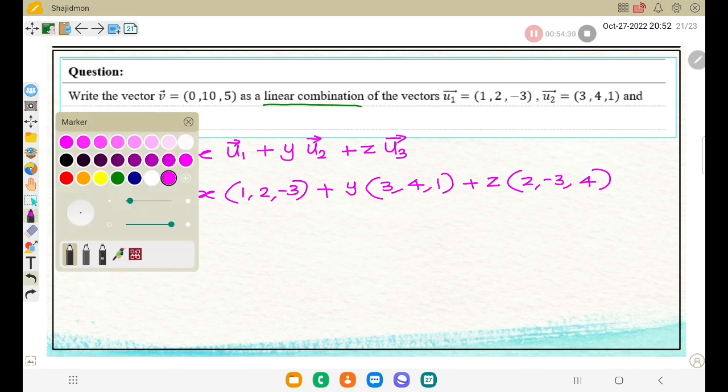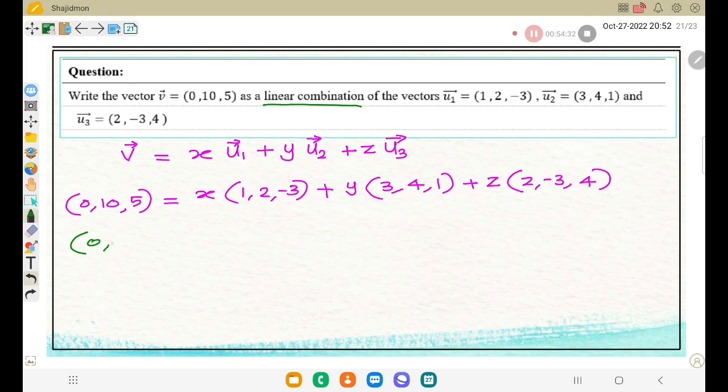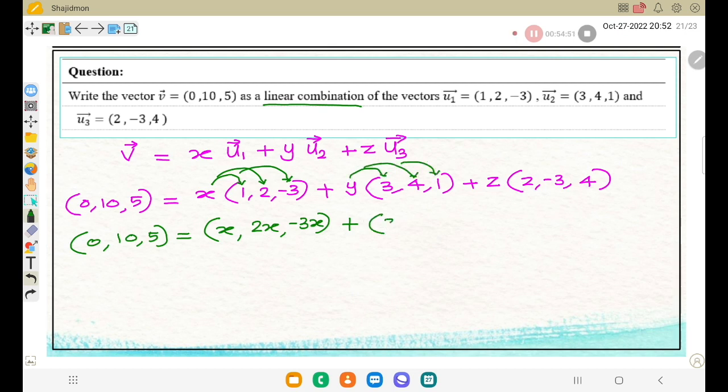Now we can write (0, 10, 5) equals x multiplied to each term: x, 2x, -3x, plus, in a similar way, 3y, 4y, y, plus, same idea, multiply the outside number to inside the vector, so 2z, -3z and 4z.